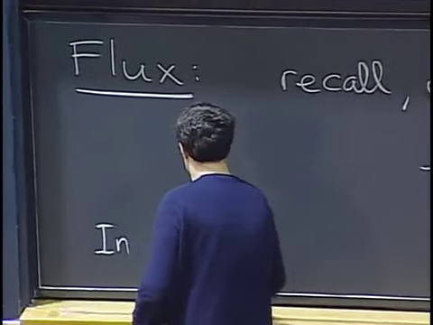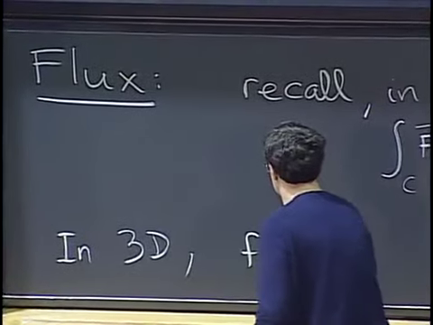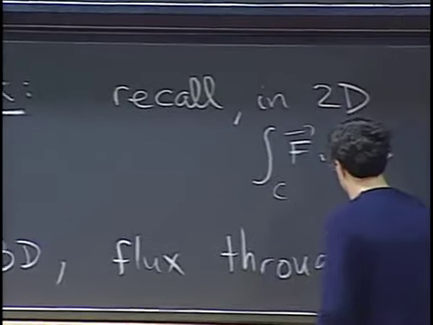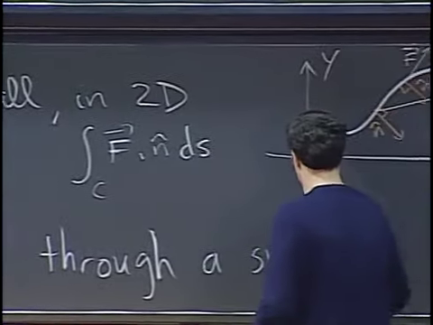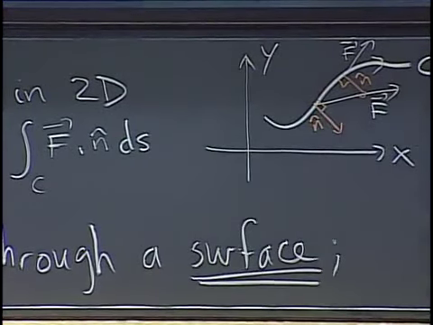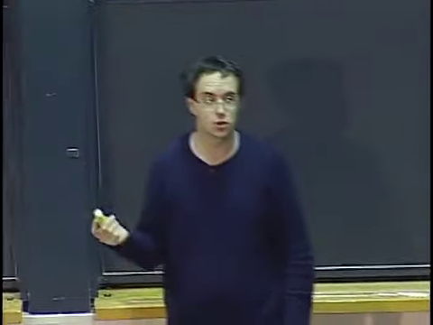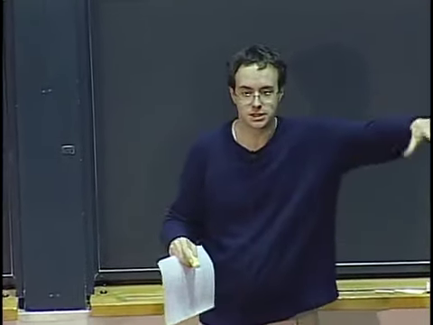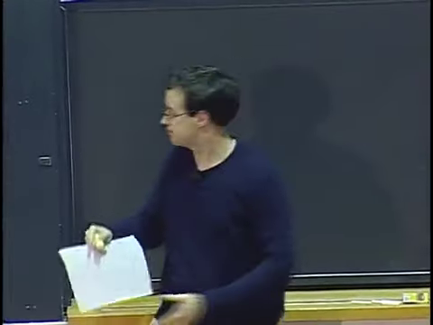In the three-dimensional case, flux will be measured through a surface. And so it will be actually a surface integral, not a line integral anymore. So that means we'll be summing over all the pieces of a surface in space.